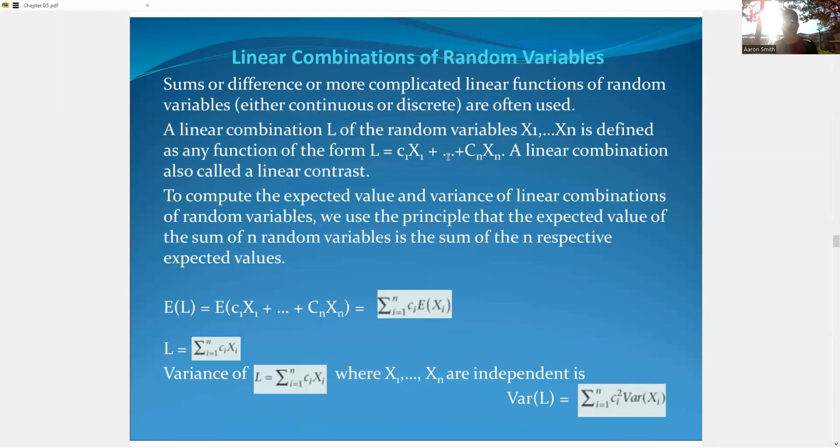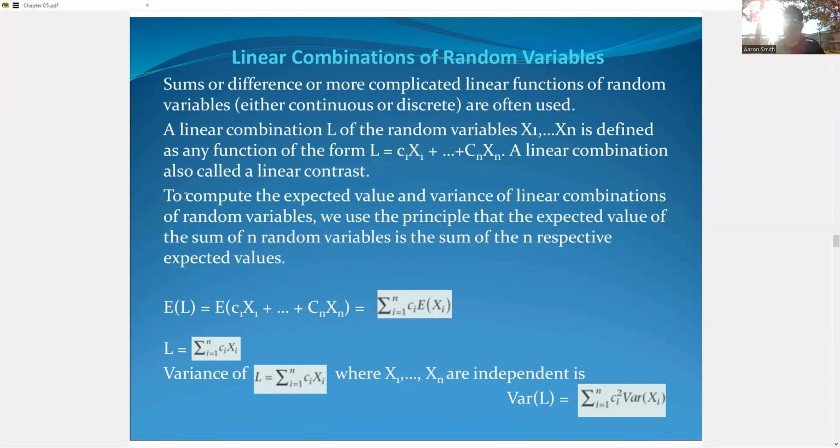A linear combination L of the random variables, my x's, is defined as any function where I have a coefficient times a random variable, plus a coefficient times a random variable, plus a coefficient times a random variable, and then I add those up. That's called a linear combination, or possibly a contrast, depending on the values of the coefficients.